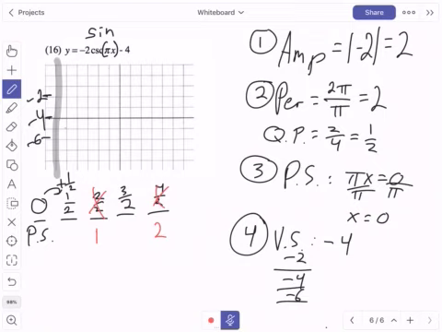I just like to do this so that I know that I am constantly increasing by the same rate. So when I label my x-axis, this label here is going to be 0, and then I'm going to increase to 1/2, and then 1, 3/2, and 2.